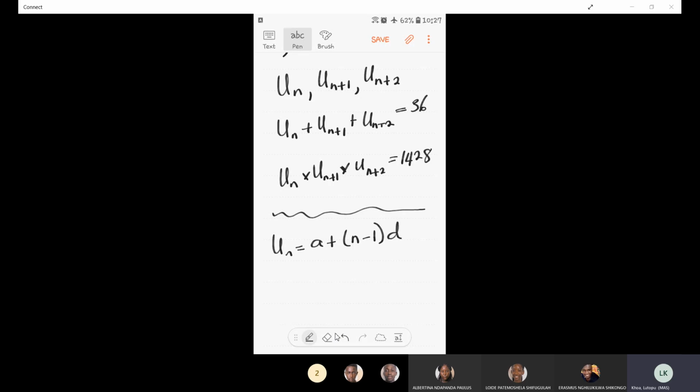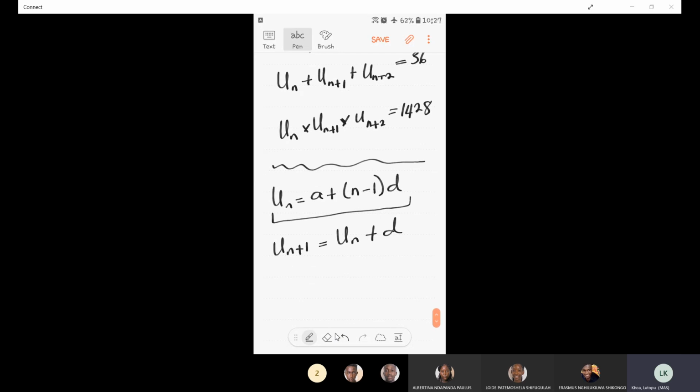Now if I have un and I want to get un plus 1, all I will have to do is say un and then I add d, isn't it? I just add d because the difference is constant.